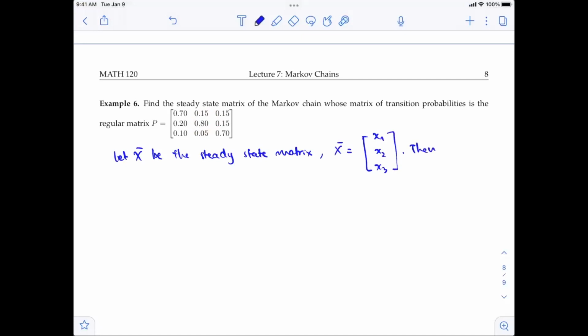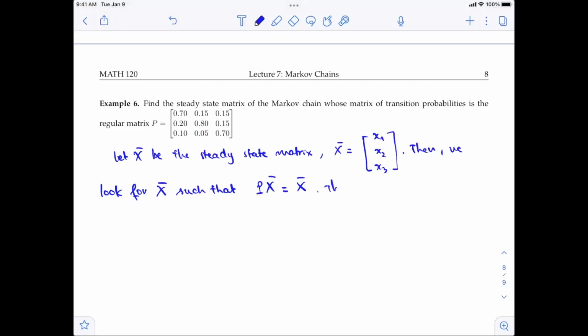Then we look for X bar such that P times X bar equals X bar. So that is how you set up the equations to get the values of X1, X2, and X3, or in short, X bar.